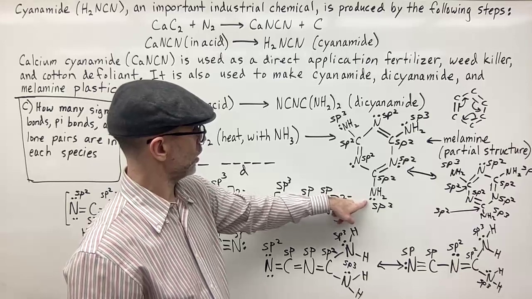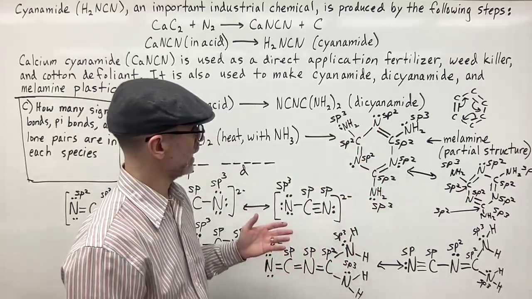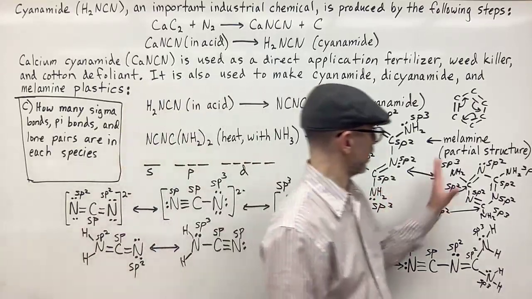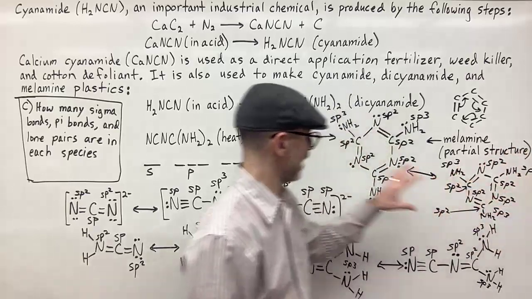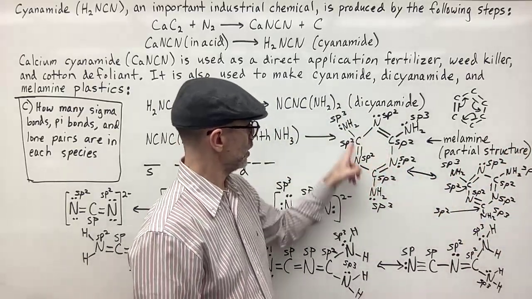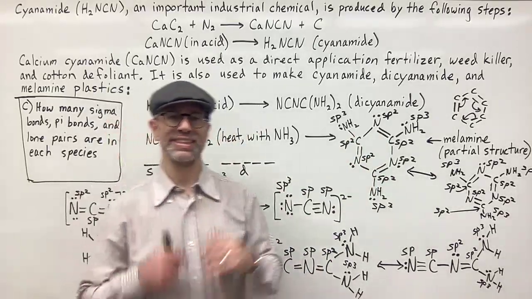So 6 lone pairs because we have 6 nitrogens. Each nitrogen has a lone pair. And so that's it. And the exact same thing applies to this one. So this is exactly the same. The only difference is that the double bonds have switched places. And so that, ladies and gentlemen, is part C.